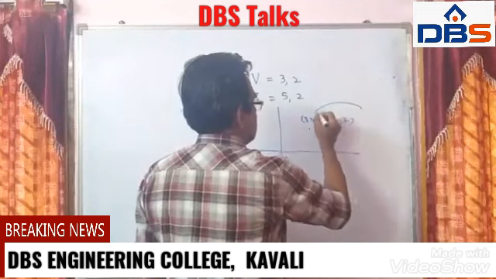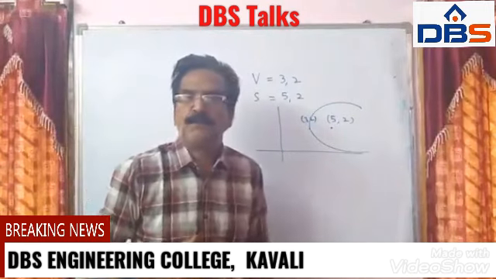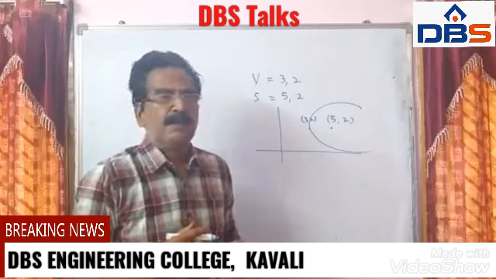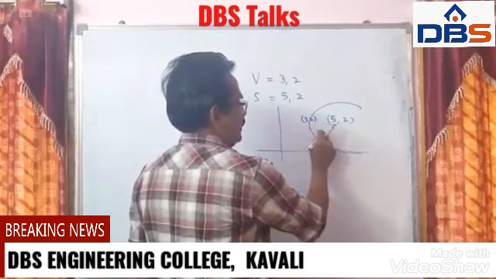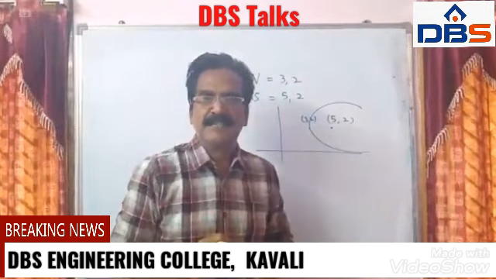So this is a right open parabola. So the distance between these 2 points is our a.